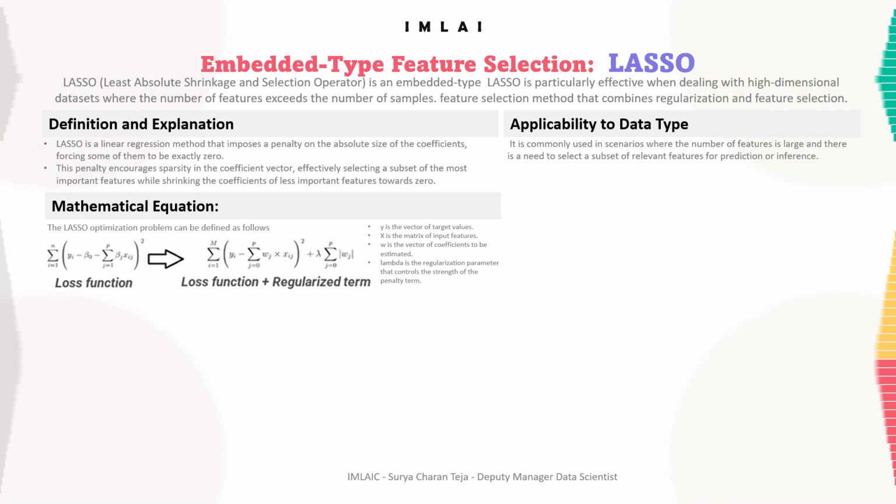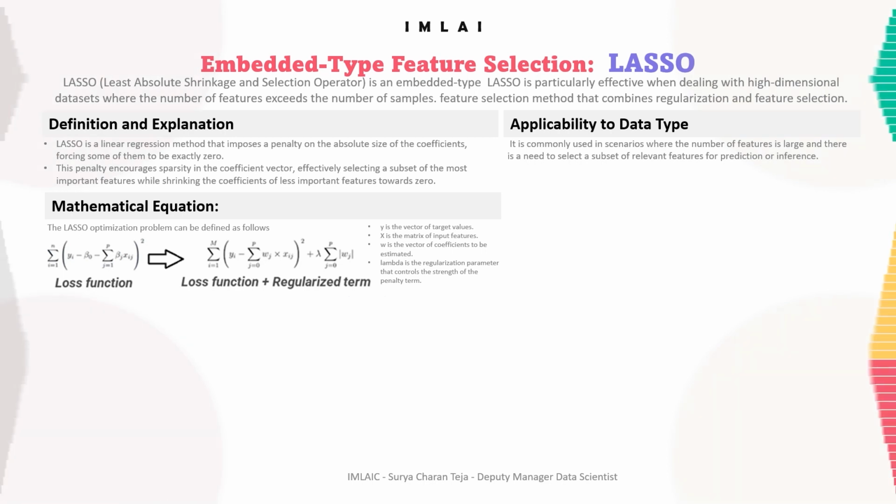Then lambda. Lambda is the regularization parameter, very important, that controls the strength of the penalty term. And this is the mathematical form of our lasso regression.